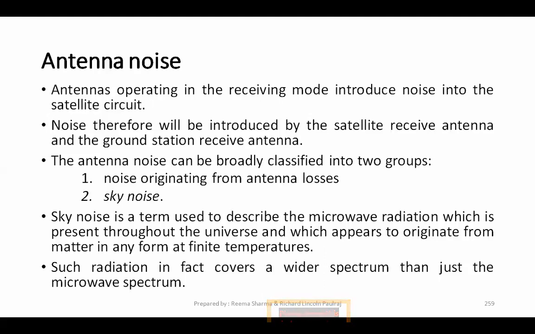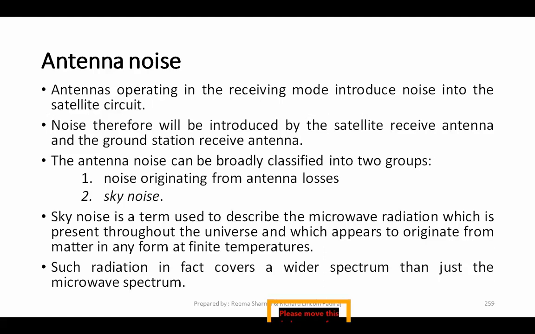So antennas operating in receiving mode introduce noise into the satellite circuit, which means these antennas are prone to loss. Loss is here in the form of noise.